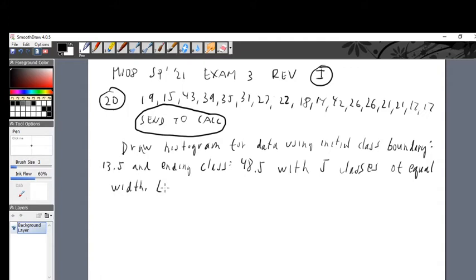Okay, label each class with its endpoints.